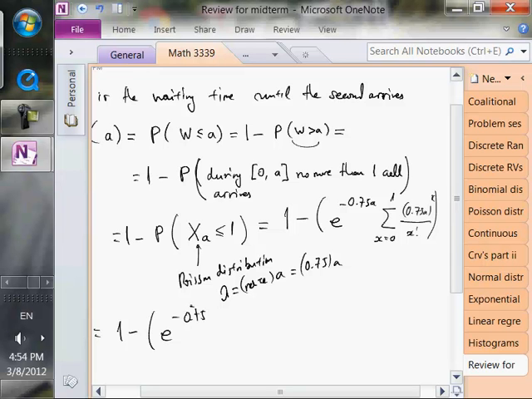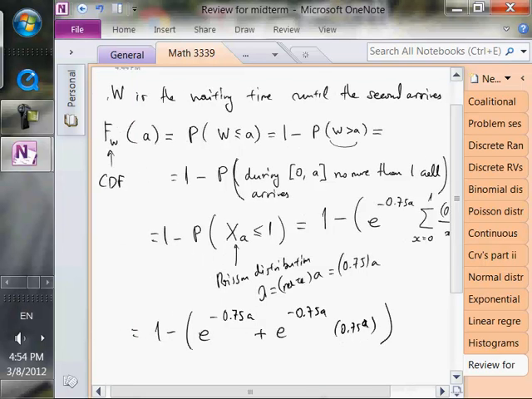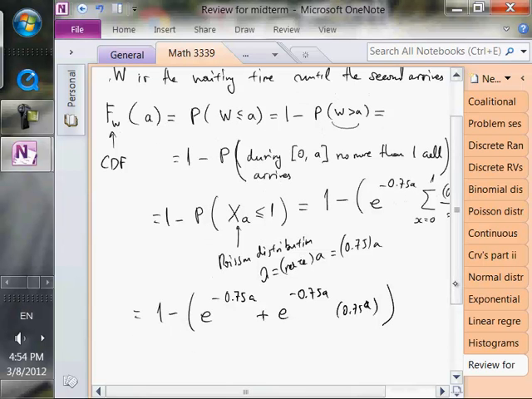Well, for X equals 0, the term that you have is 1, and for X equal 1, you have 0.75 times A. And that closes. So that's the CDF of W.